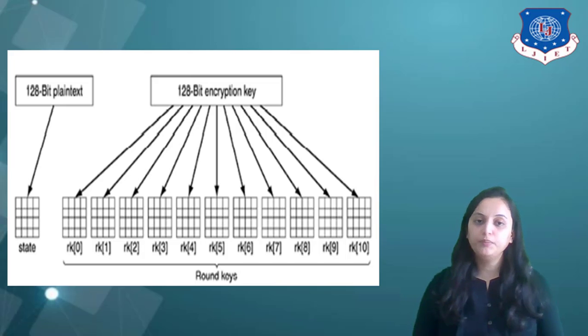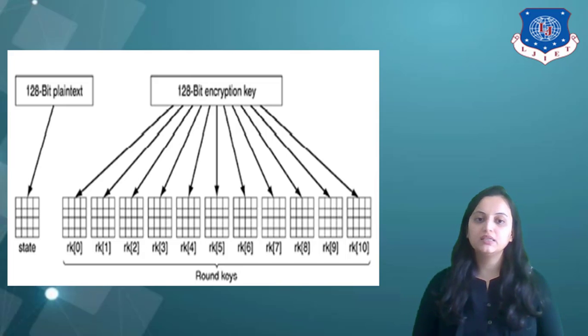Step 3 mixes up each column independently of the other ones. The mixing is done using matrix multiplication in which the new column is the product of the old column and a constant matrix, with the multiplication done using a finite field. Finally, step 4 does the XOR operation of the round key into the state array.